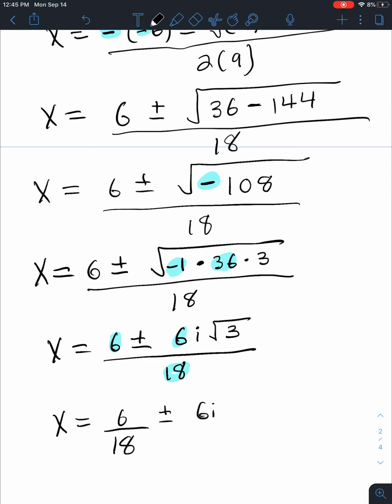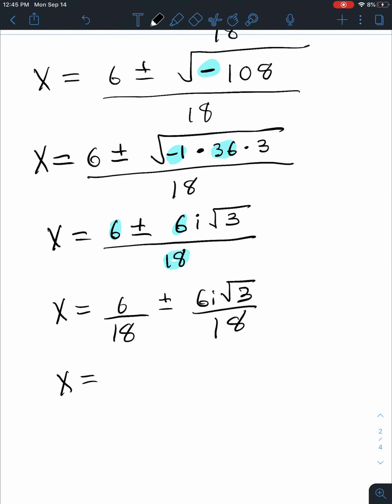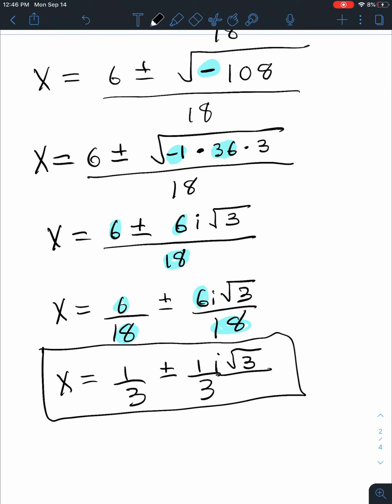So you can actually split them up like this, and then divide these two by 6, and you get 1/3 plus or minus, divide these two, and you also get 1/3 i square root of 3. Just notice that the i and the square root of 3 did not move. Also notice I didn't do 3 divided by 18. You can't do that because the 3 is in the square root. So this is the lazy way to write it.